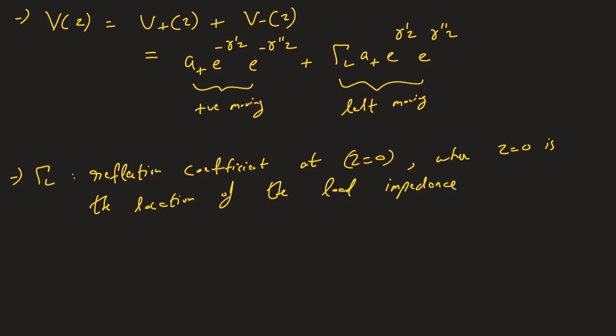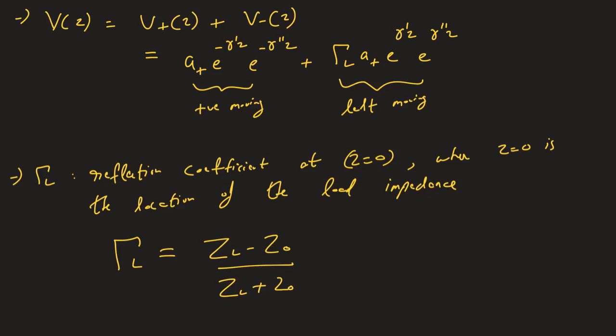And I said that this is a very, very important derivation. The derivation wasn't important. The final result is important, which is that we saw that gamma L becomes equal to (ZL minus Z naught) over (ZL plus Z naught).